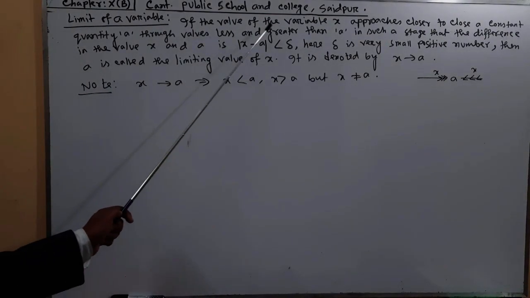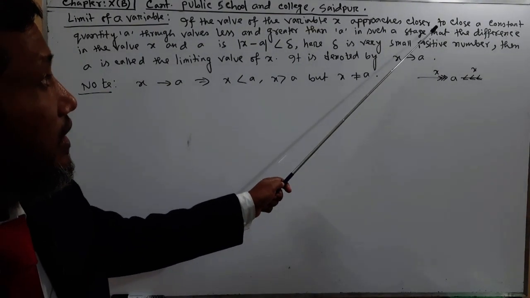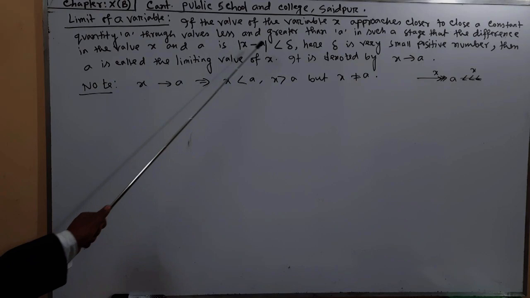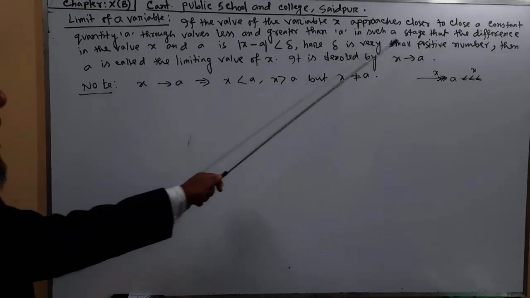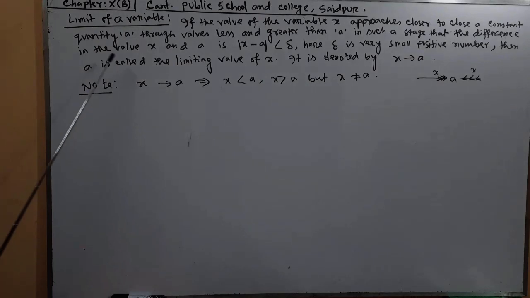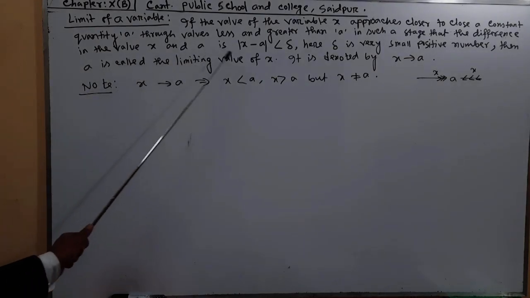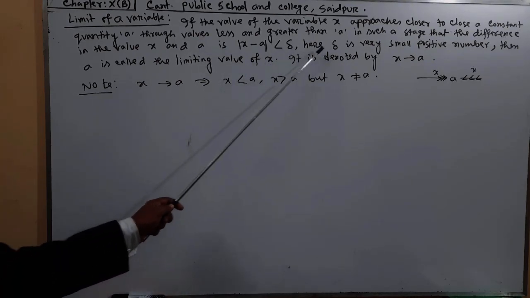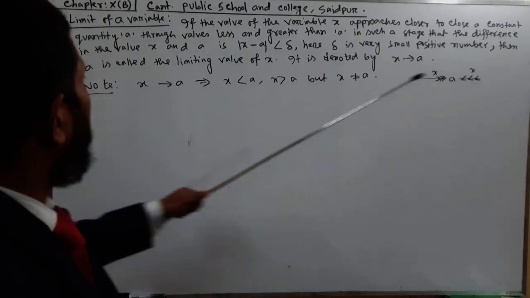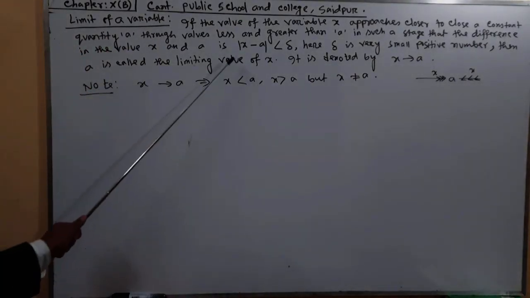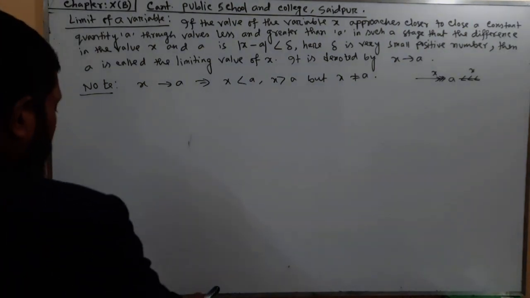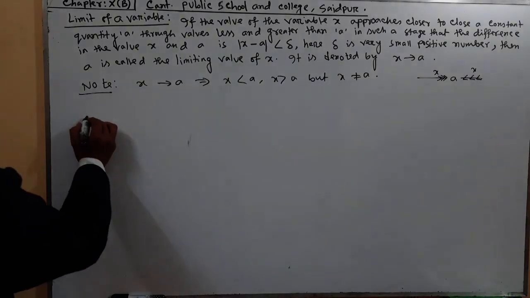If the value of the variable x approaches closer and closer to a constant quantity a through values less than a in such a stage that the difference in the value x and a, modulus x minus a, is less than delta, where delta is a very small positive number, then a is called the left hand limit of x.